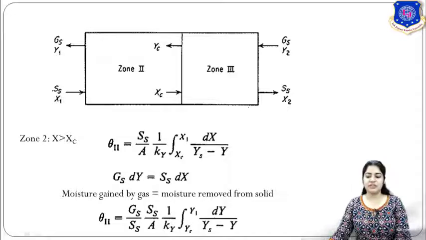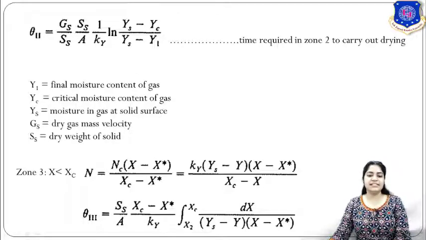Yc is the critical moisture content of the gas. Xc is not given here because we have converted it in the form of Y. Ys is the moisture in gas at the solid surface, that is the saturation humidity. Gs and Ss are dry weights: Gs is the dry gas mass velocity and Ss is the dry weight of solid.